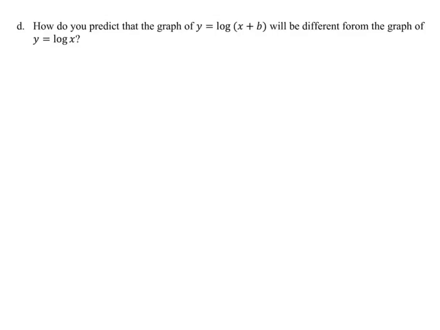Let's see what happens if I add and subtract numbers inside of the parentheses. This is similar, once again, to when we were looking at quadratics. If I was to do something like (x minus 2) squared, subtracting inside of the parentheses moved my vertex to the right. So this right here would make my vertex be at (2, 0).